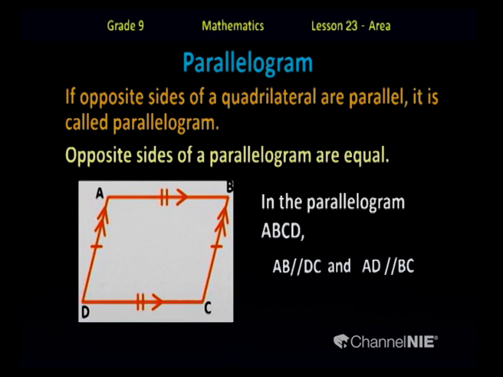They are parallel lines. And we can write equal sides. They are equal in length. AB is equal to DC, and the other pair of opposite sides, AD and BC. Then we can write down AD equals BC. Now let's go to the next slide.